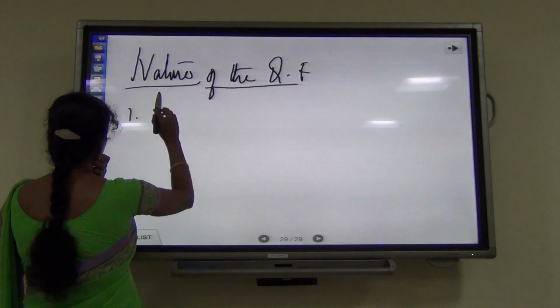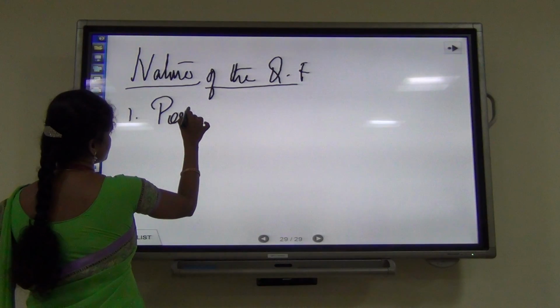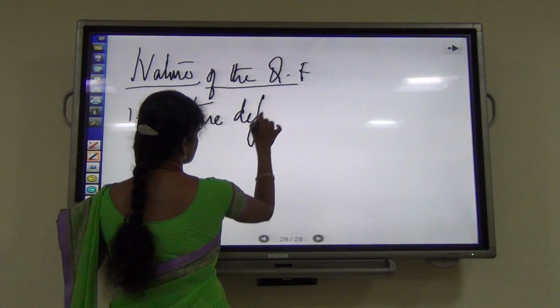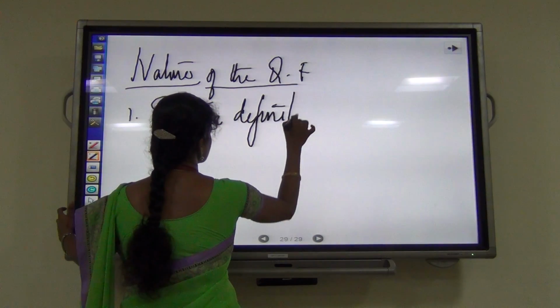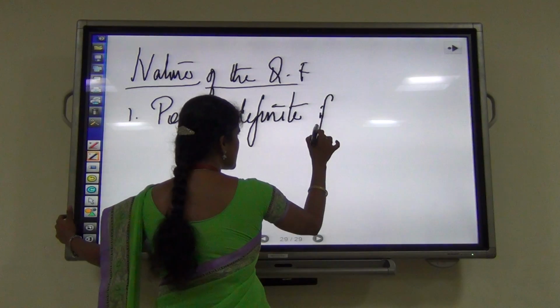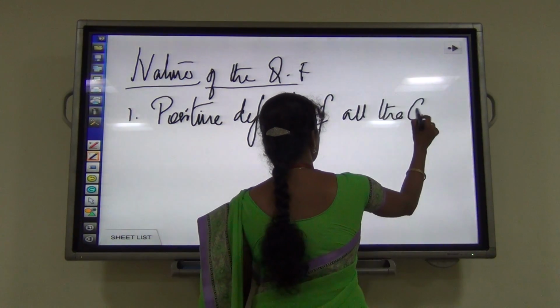You can give the nature of the quadratic form as positive definite if all the eigenvalues are positive.